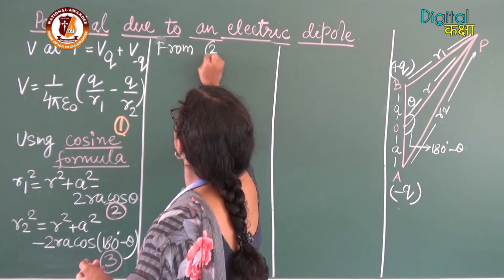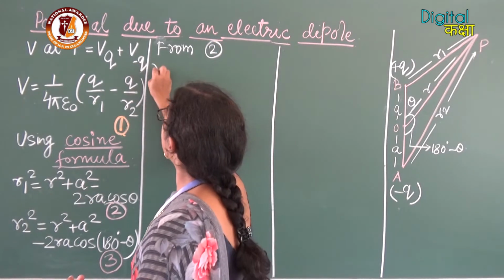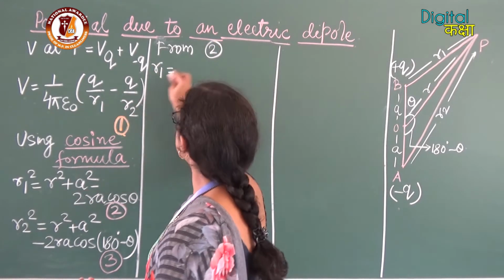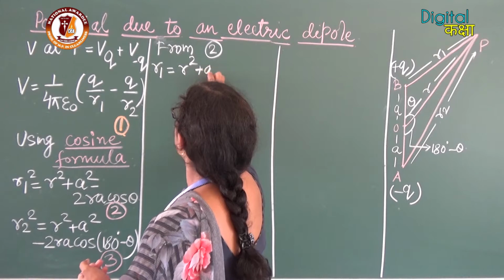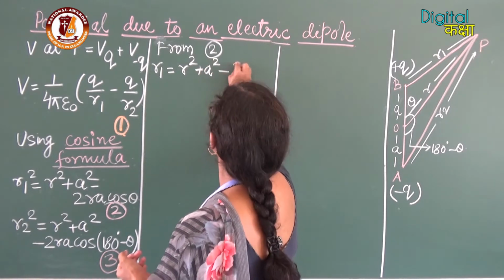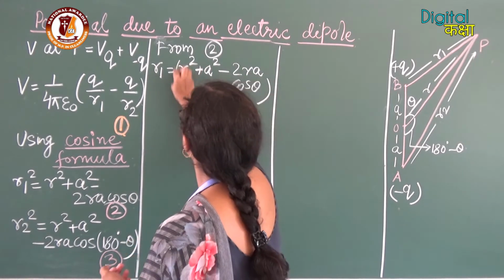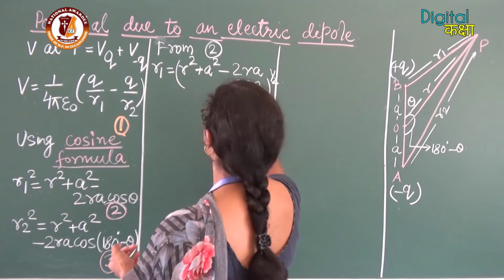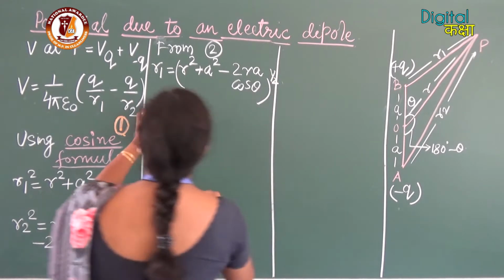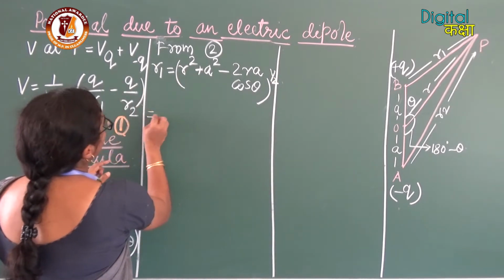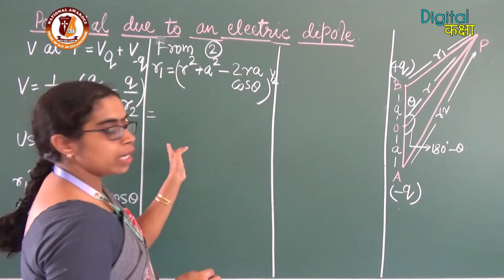Now from this equation number 2, I can write the value of R1 as R square plus A square minus 2RA cos theta to the power half. From here I can take the value of R common.